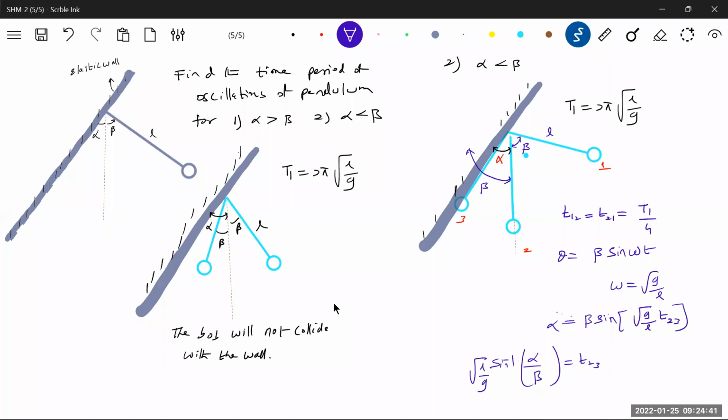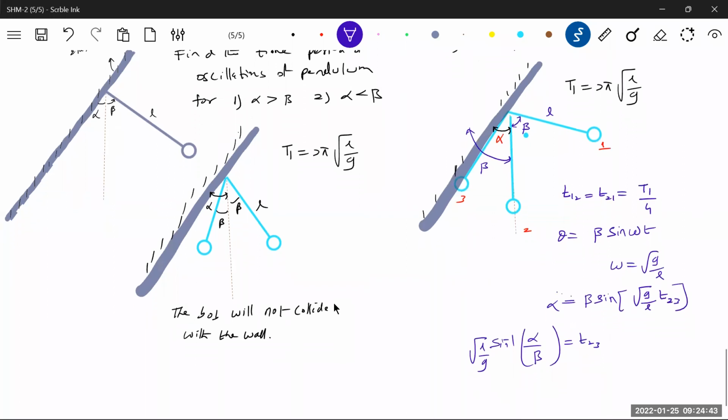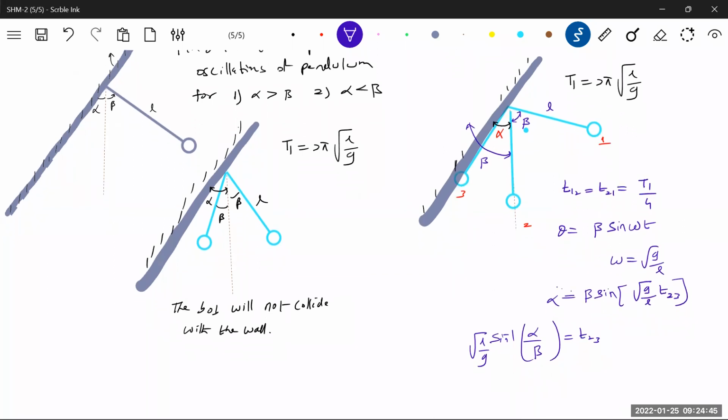Overall, what is the time taken? Time taken for the oscillation, T dash, should be equal to 2 times T12 plus 2 times T23. This should be equal to 2 times T1 by 4 plus 2 T23.